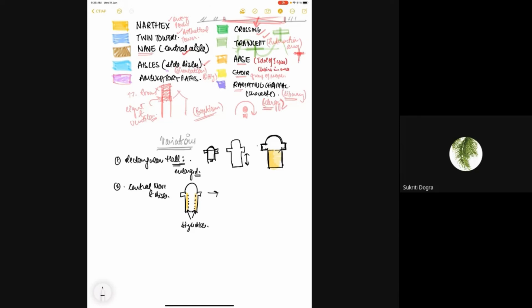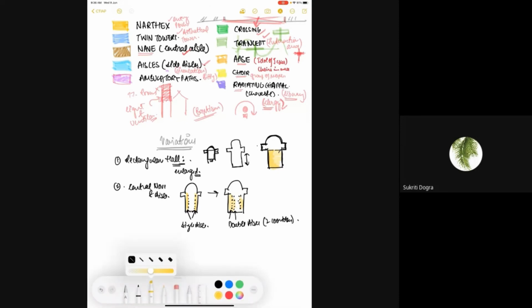In later stages of its evolution, they started evolving this area into double aisle. They started having two corridors at the sides, so they were called double aisle rather than single aisle, because we have two corridors installed on both sides of your nave. This is corridor number 1 and the other is corridor number 2.